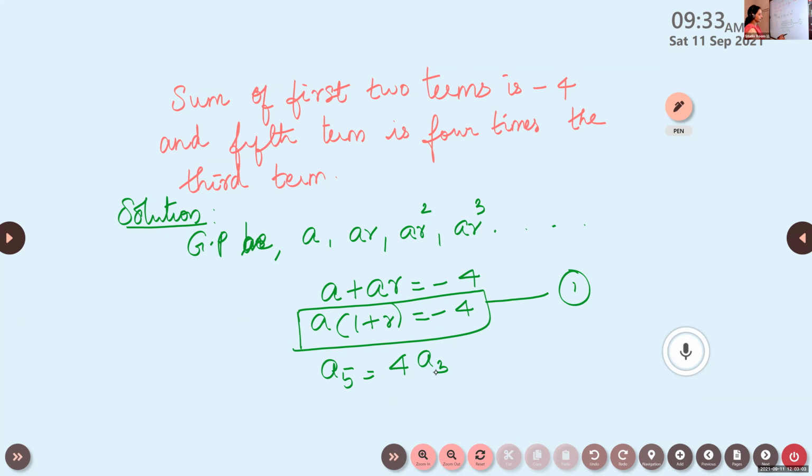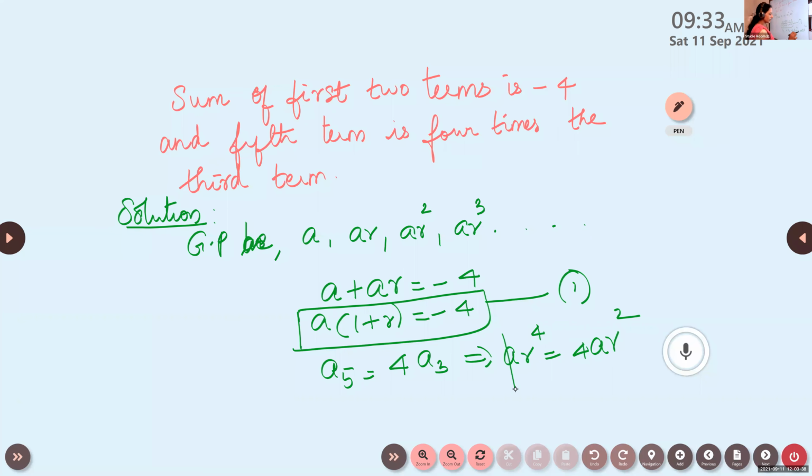So fifth term means a5 will be same as, how will you write a5? In a GP, the fifth term is given by? Yes, Naureen. Fifth term is given by? Very good. ar raised to 4 is equal to 4 into a3, ar raised to 2.